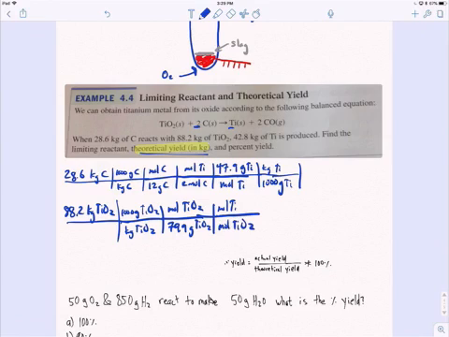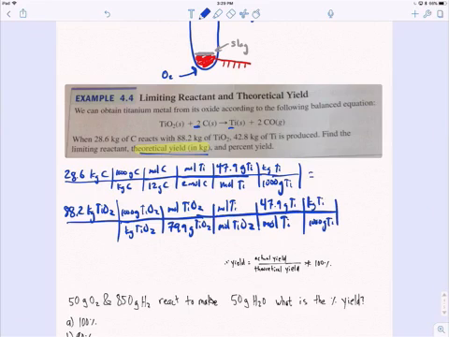So what I'm doing now, I'm converting back to mole titanium, just like I did up top. 47.9 grams titanium per mole titanium. Kilogram titanium to 1,000 grams titanium.